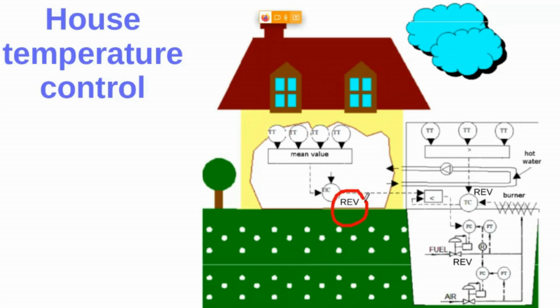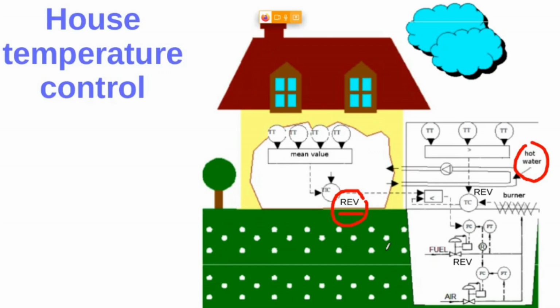This as a reverse, because if you increase the flow of the fuel, right, the heating system temperature will increase, and at the end, obviously, the hot water will be hotter than the original, right? So the temperature within the house will increase. So we have a positive relationship.